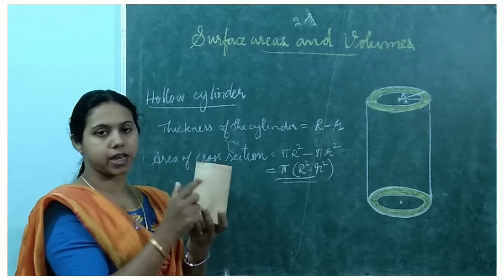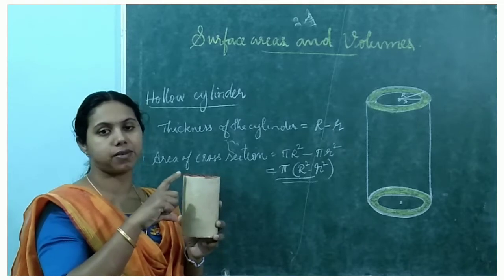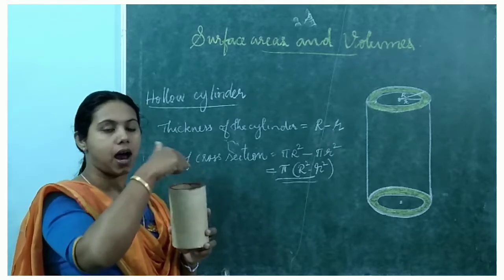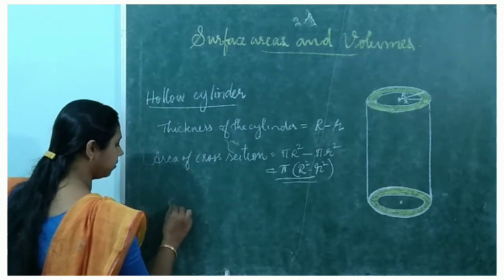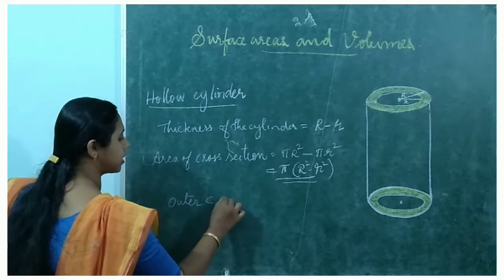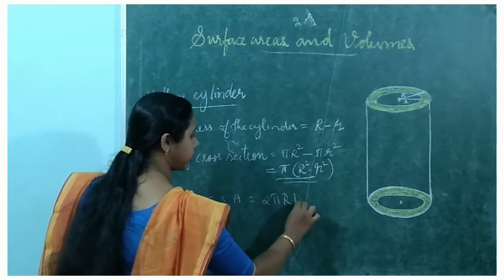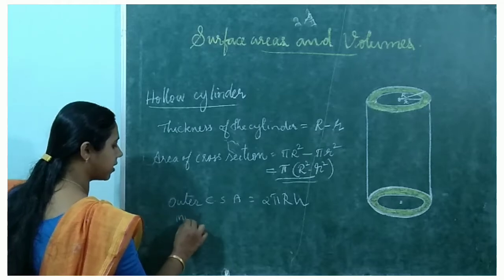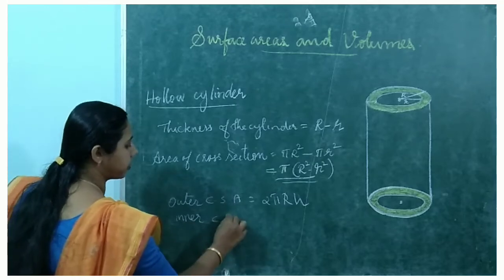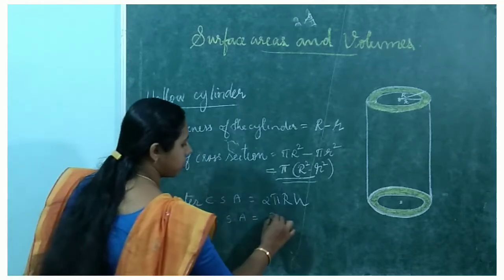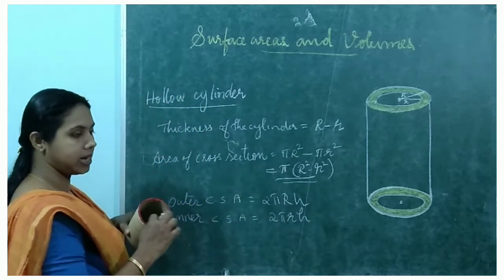The outer curved surface area of this hollow cylinder is 2 pi R h, where the radius is capital R. Outer curved surface area is equal to 2 pi capital R h, and inner curved surface area, that is the inside part, is equal to 2 pi small r h, as the radius of the inner part is small r.